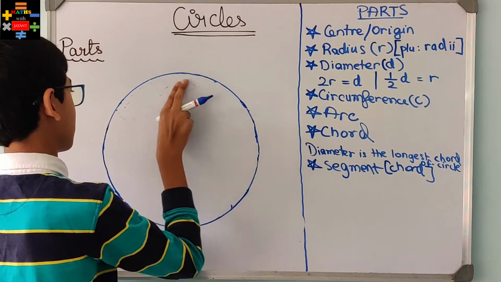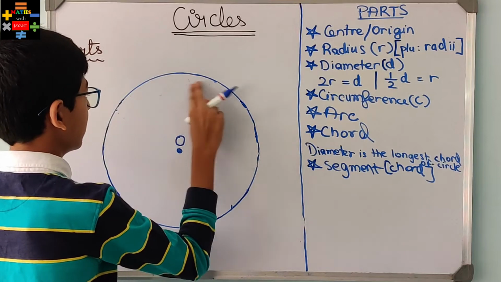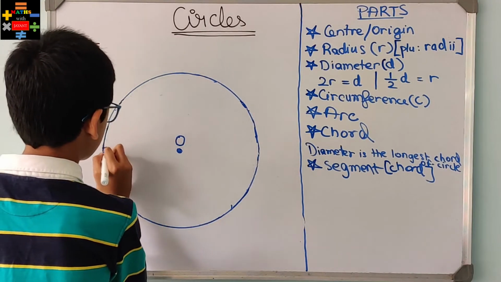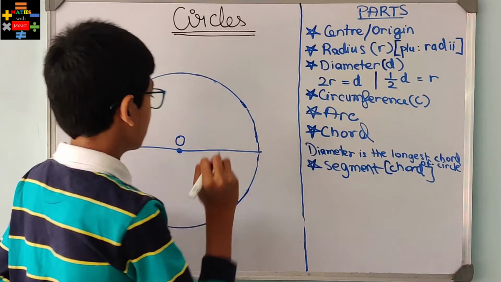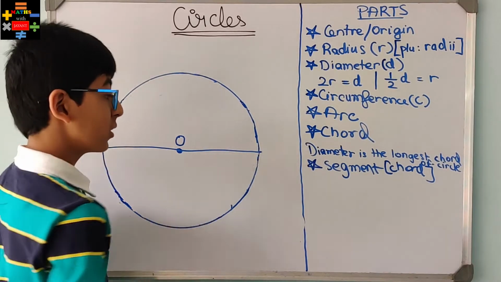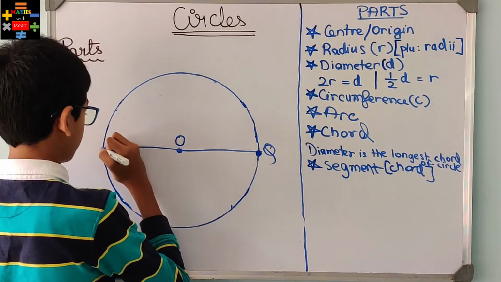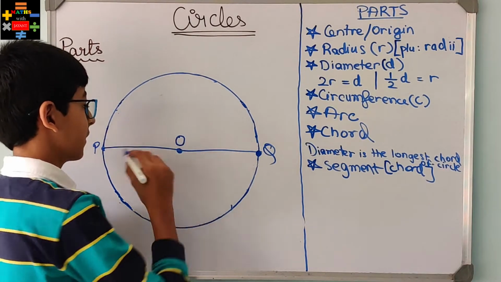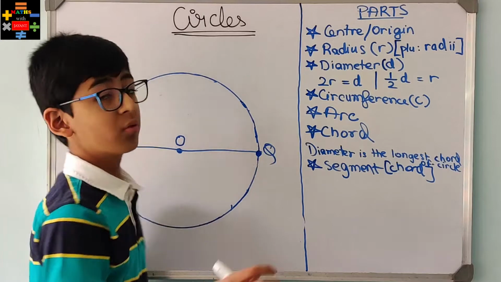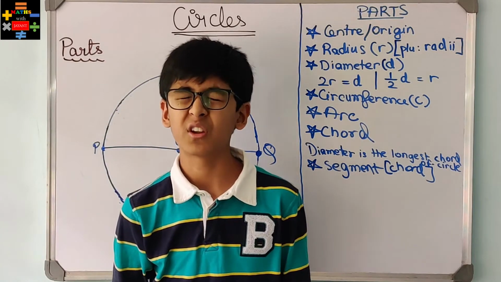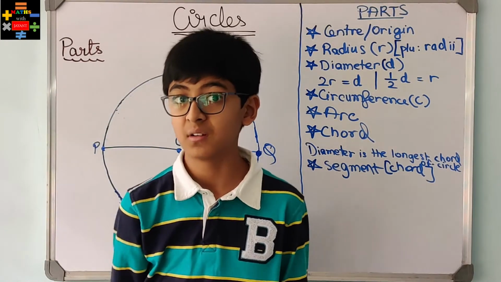Now let me ask you a question. Suppose I draw the diameter of the circle. It passes through the middle. After all, we know that diameter is a chord as well. Now the circle got divided into two parts. Which is the minor segment and which is the major segment?